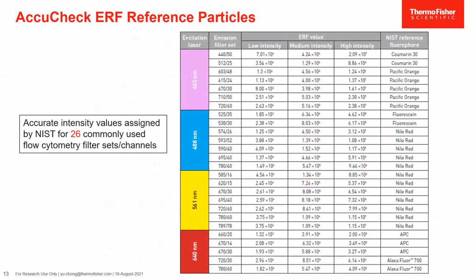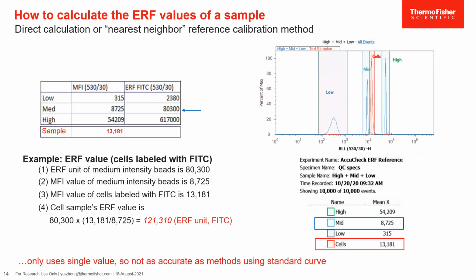Here we also give customers a table of the fluorescent intensity, and I will quickly show how to use it. It's very easy to use. If you have a flow cytometer and a sample, there are 2 ways to do the so-called ERF value assignment calculation for your own sample.